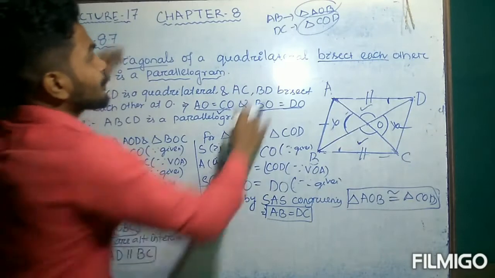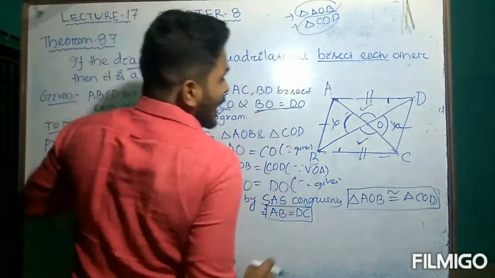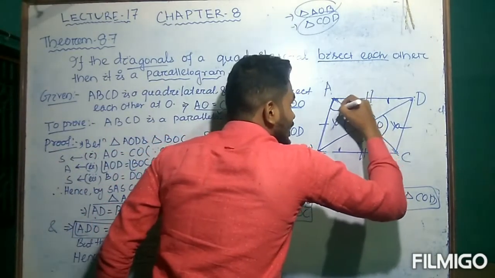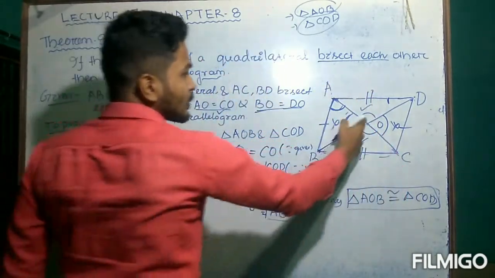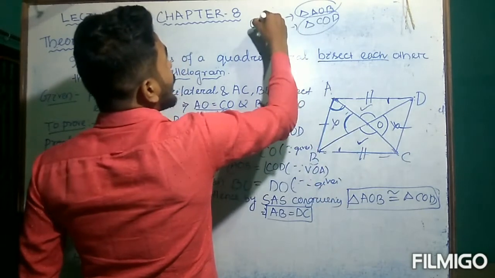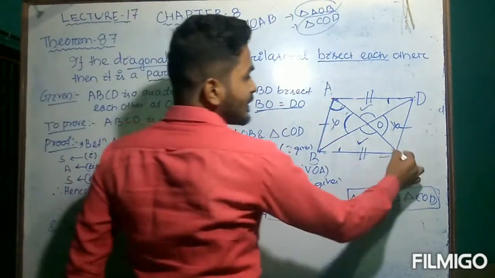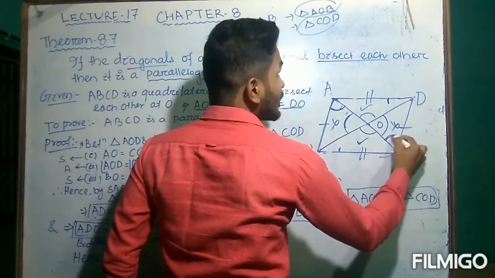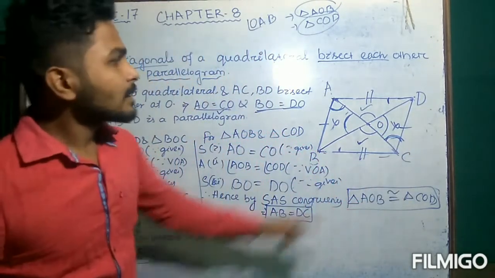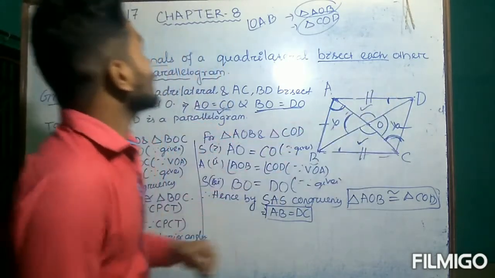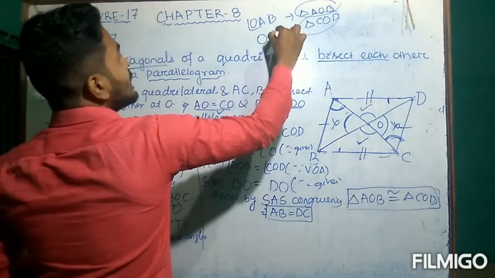Then next step, for the triangle AOB, this is an angle. Yes or no? Yes. So OAB is an angle of the triangle AOB. Similarly, for the triangle COD, this is an angle. So the name of the angle is OCD.